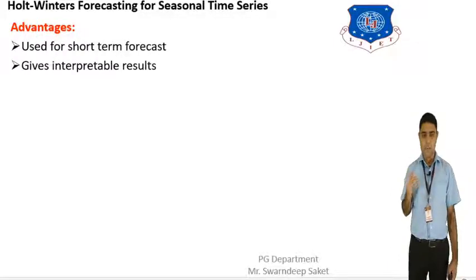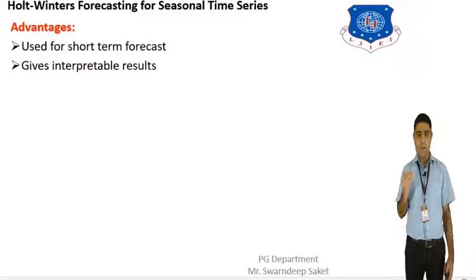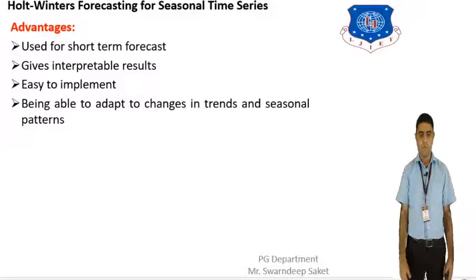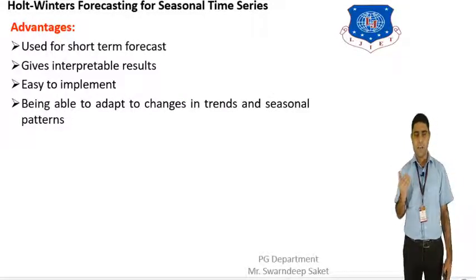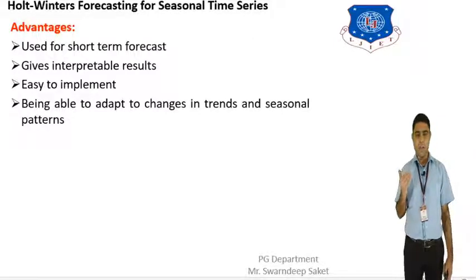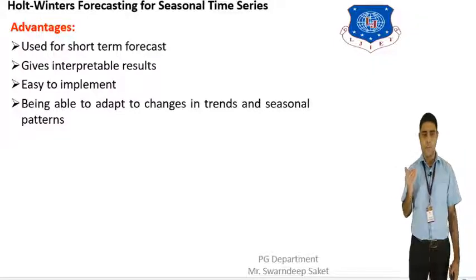It gives interpretable results; whatever results we get in the Holt-Winters forecasting model, we can interpret them. It is easy to implement, as I have told. Being able to adapt to changes, we can easily adapt to changes in the trend as well as in the seasonal patterns. So these are the main advantages of the Holt-Winters forecasting system.